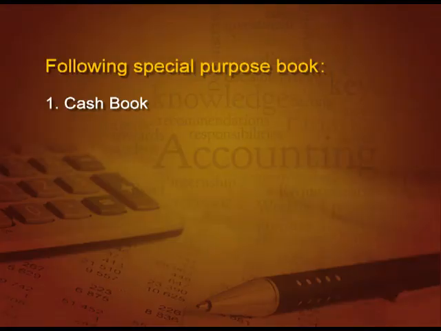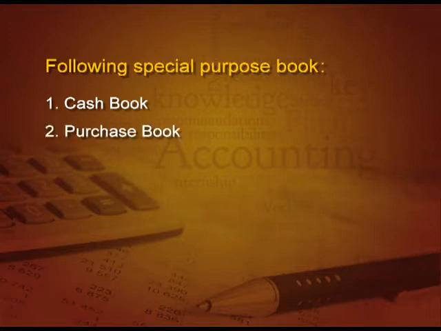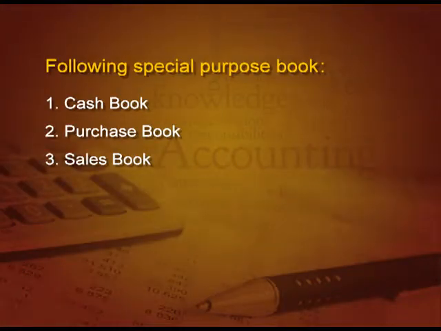Now, how many types of special purpose books are there? First, cash book, which records all the cash entries. Then purchase book, which records all the credit purchase entries. Then sales book, which records all the credit sales entries.